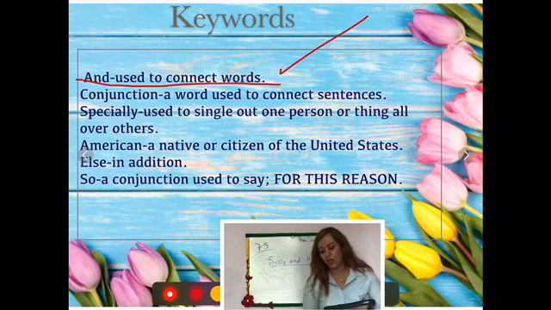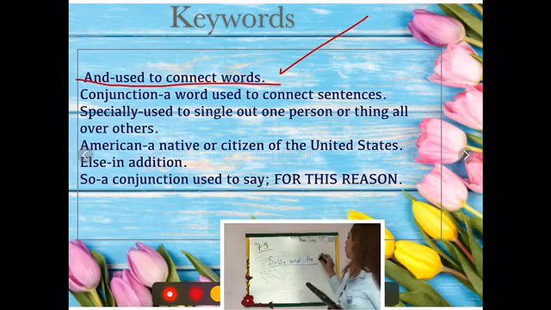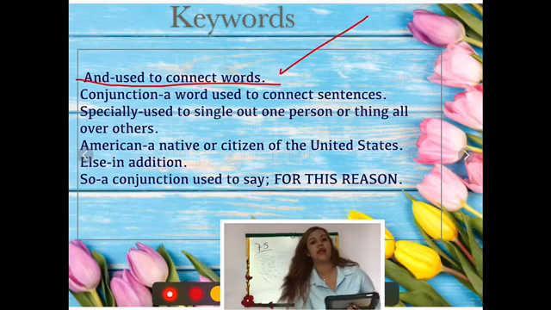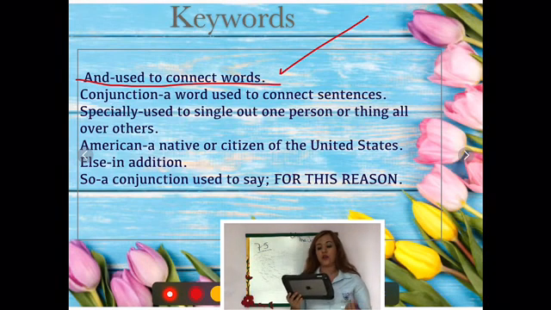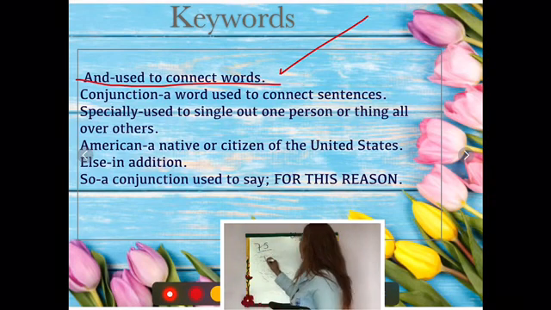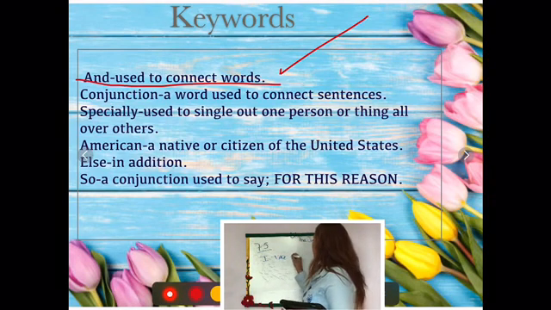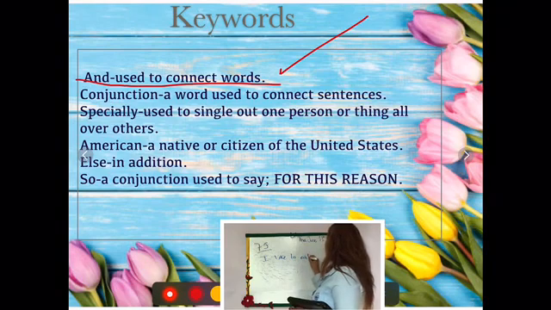Now, what is a conjunction? That was the word of the beginning of the big question. What is a conjunction? And here it is. A conjunction is a word used to connect sentences. For example, I like to eat pizza.